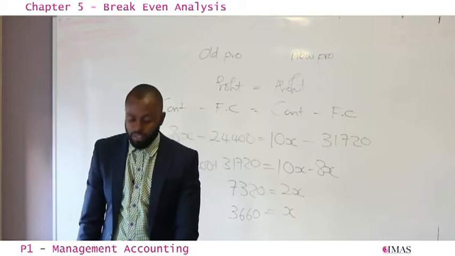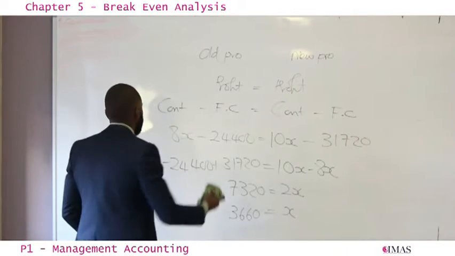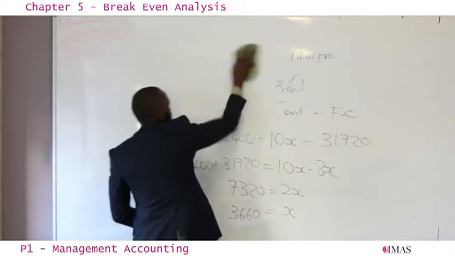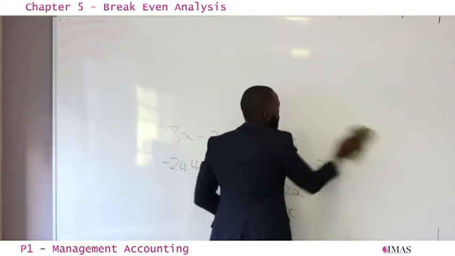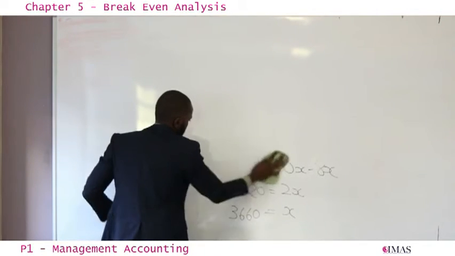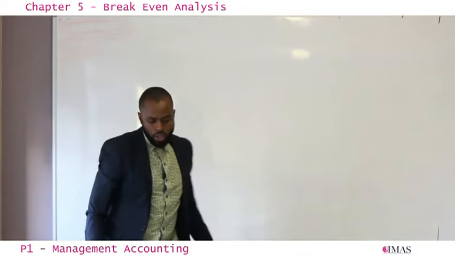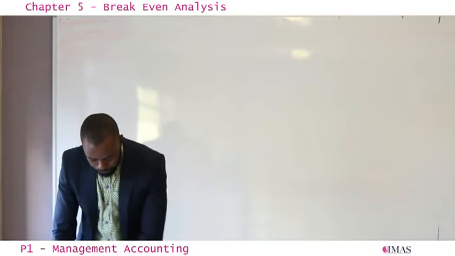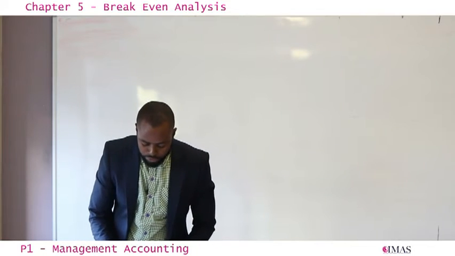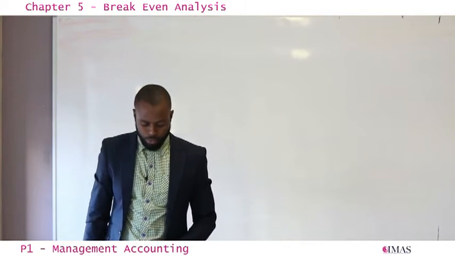We go to 117. Question 117. Now in question 117, we're looking at multiple products. It says calculate the monthly break-even sales revenue.